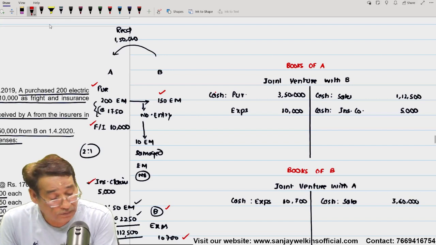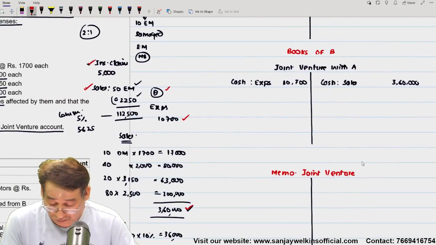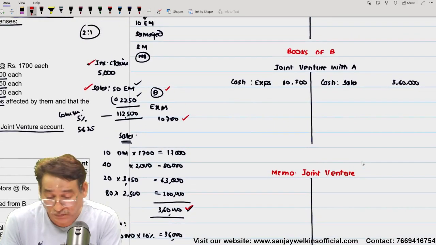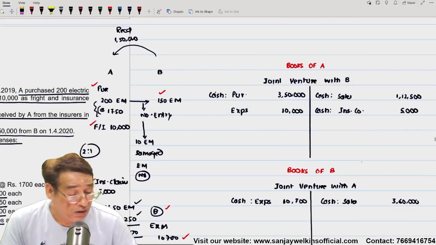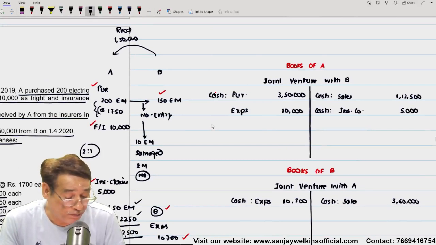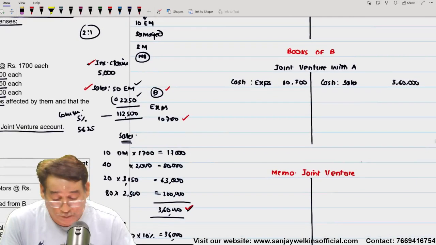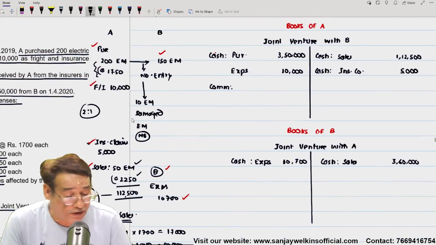So when A will receive some commission, joint venture with B account debit to commission account. And we computed the commission of A, 5% of 1,12,500, 5,625.